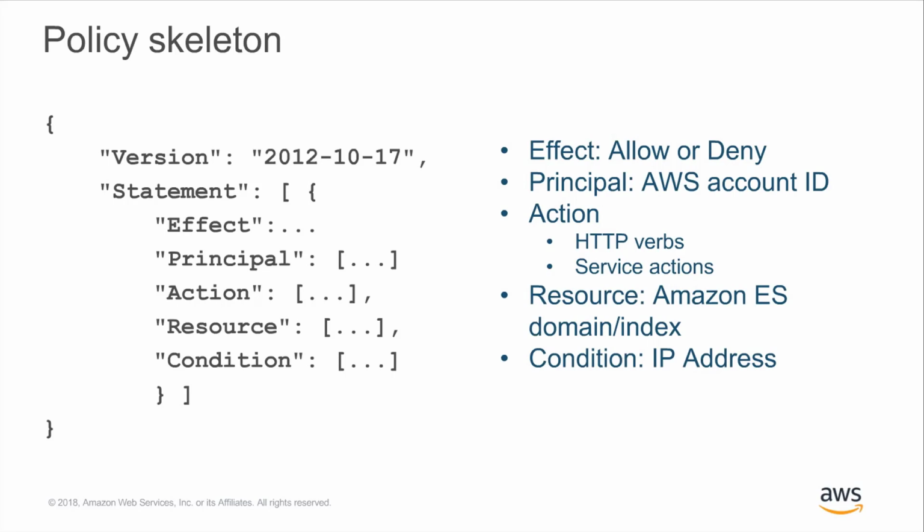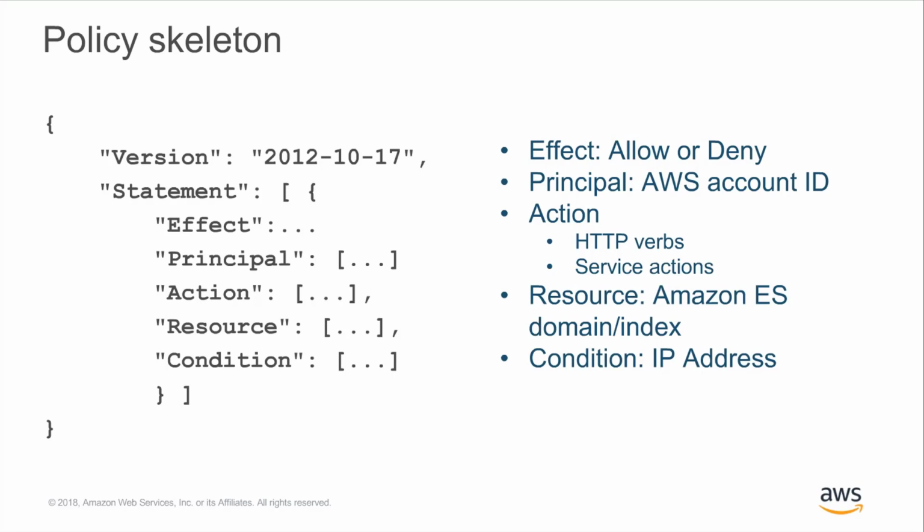The second of these is to use a condition. The condition is an IP address or CIDR block where traffic originating at that address, and it can be anonymous traffic, does not have to be signed, is able to access the domain. In terms of what you can control, we have actions and resources.